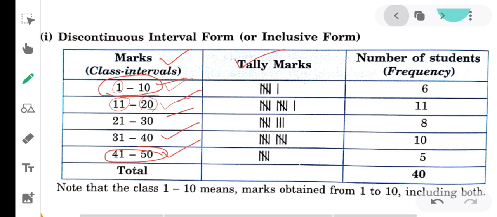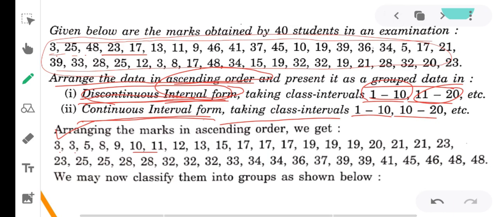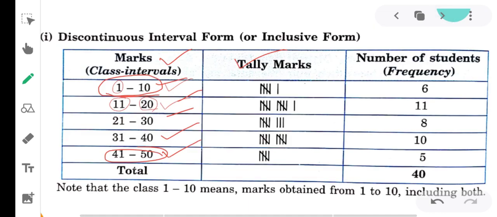Look at the data: 3, 3, 5, 8, 9, then 10. So we have 6 numbers. Represent the tally marks: this is the bunch of 5, then a single bar, that is 5 plus 1, 6. Clear? Then write down the frequency.